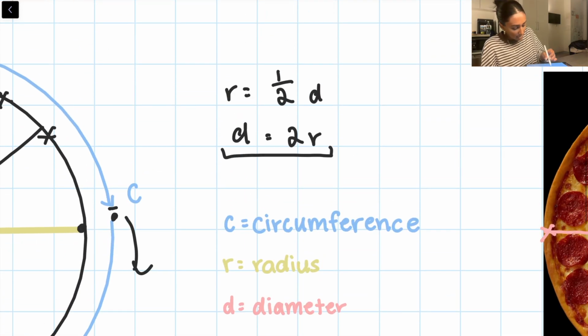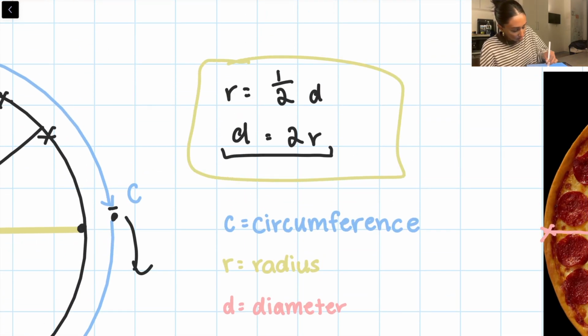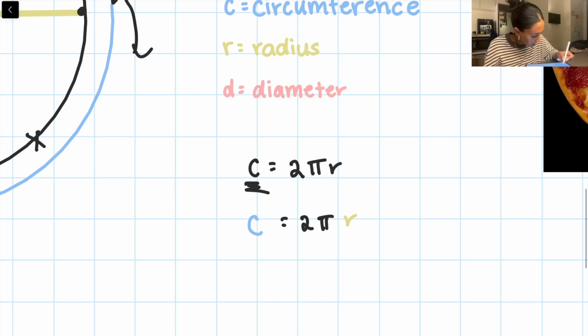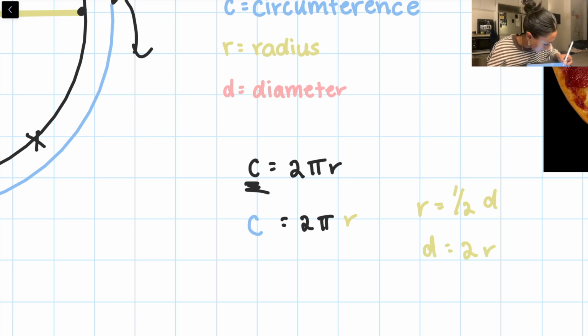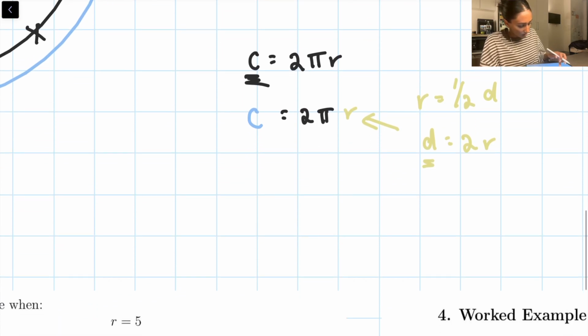And again, if we take into account this information that we worked out up here, where the radius is half of the diameter, or the diameter is twice the radius, you can actually substitute this information into there if you're only given the diameter.